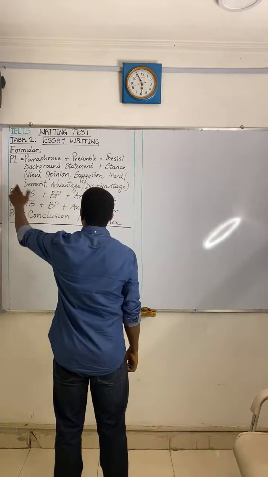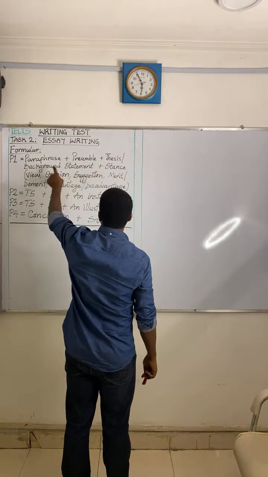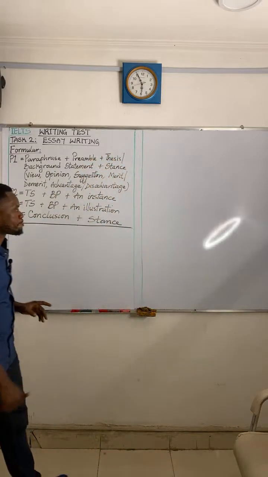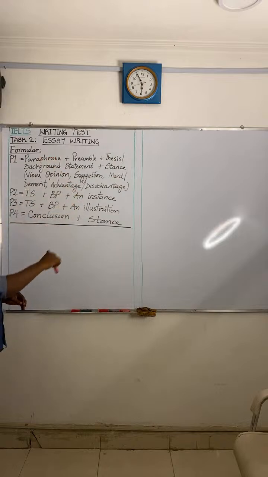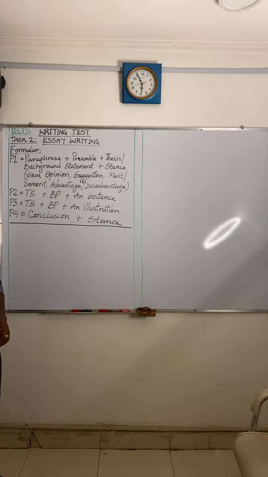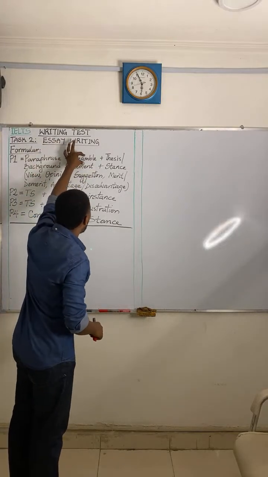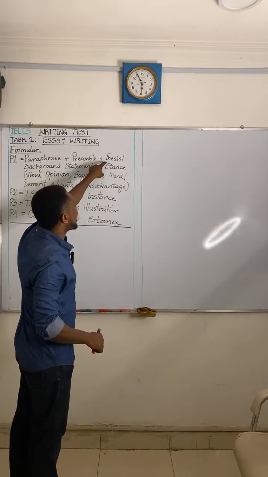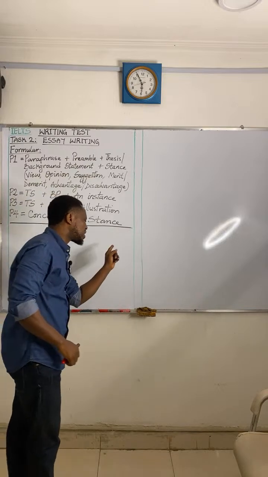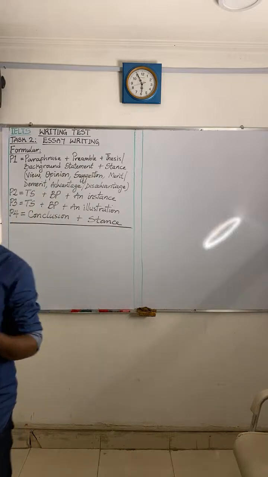But before we proceed to the remaining paragraphs, I need you to understand that before you begin to establish a background statement or thesis statement, you must, as a matter of necessity, draft out your points. After paraphrasing the question and giving your preamble, before you make a background or thesis statement, you should draft your points on your question paper as rough work.